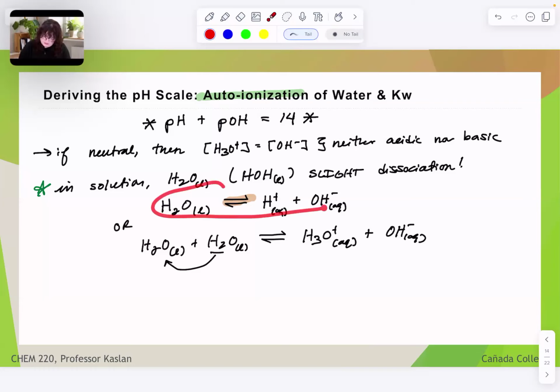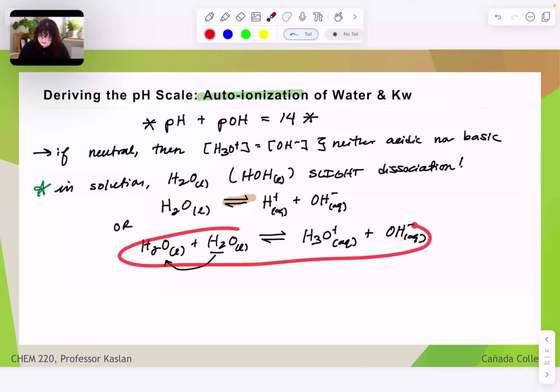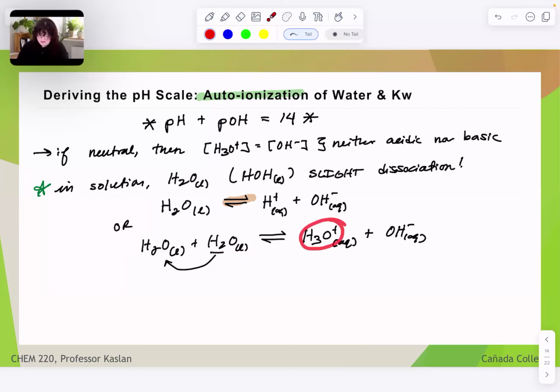So this is the simplified version of water's dissociation. This is the more nuanced approach, understanding that water exists surrounded by a bunch of other water molecules, right? So we generate the hydronium instead of having a free proton in solution. So it's kind of a technicality.